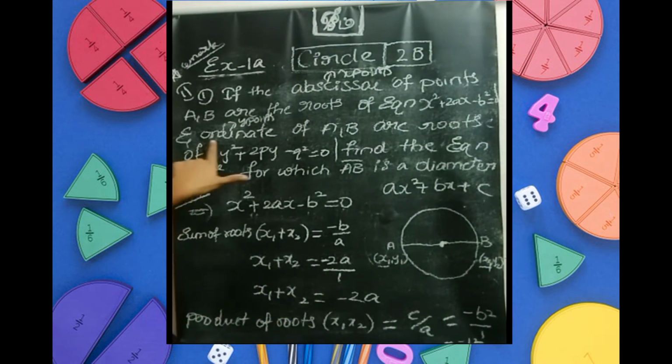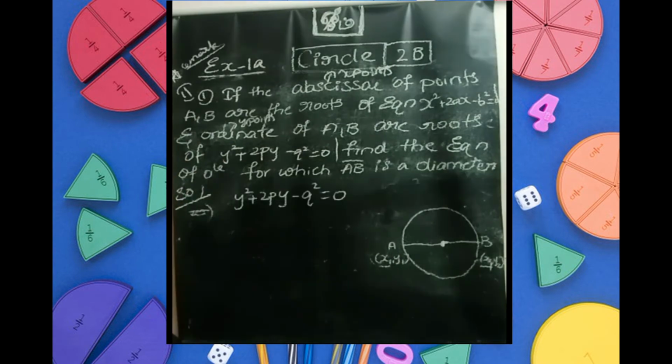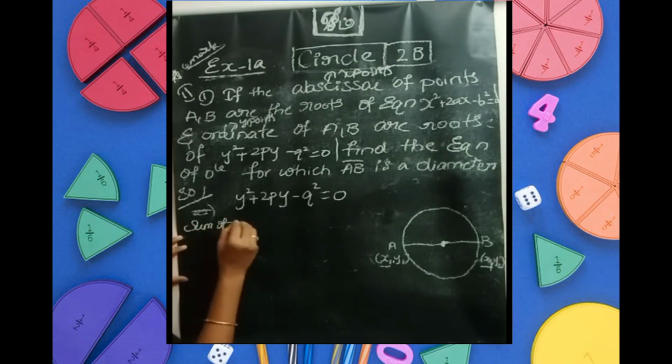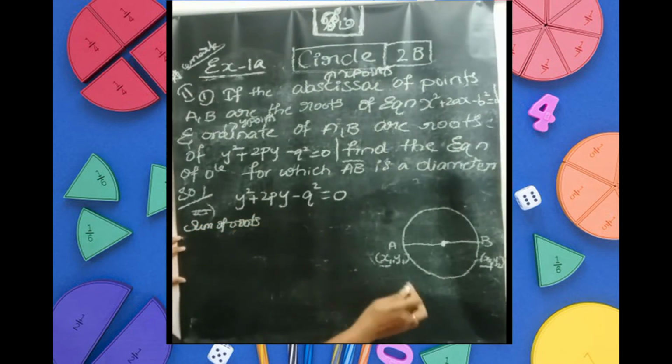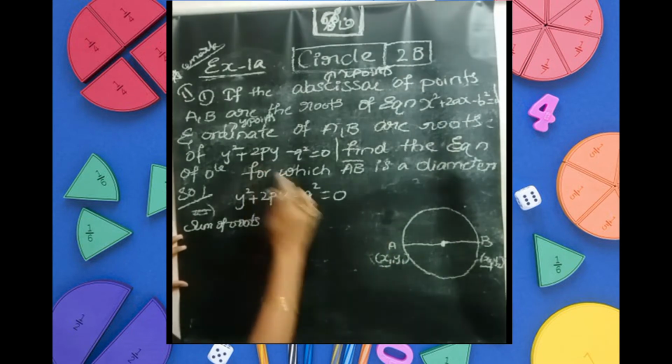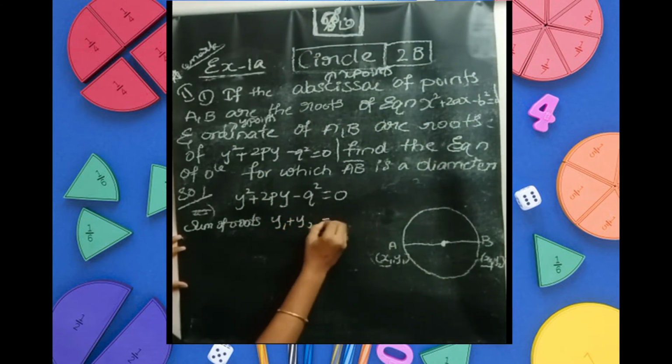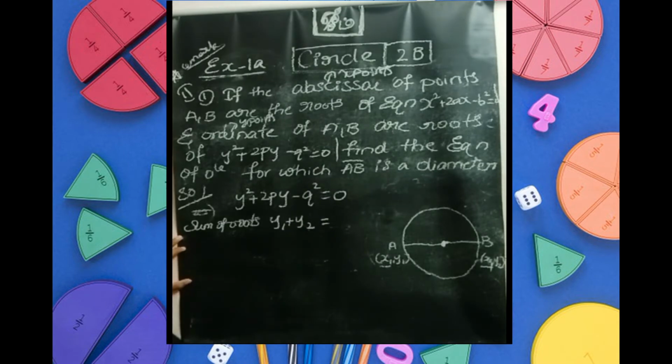Likewise, we have to do the same for the ordinates of the given equation. Same as for the abscissa points, we have to do for the ordinate points. Now, the sum of the roots for the ordinates is y1 plus y2. We know the formula for the sum of the roots of a quadratic equation is minus b by a, that means minus the y coefficient over the y square coefficient.